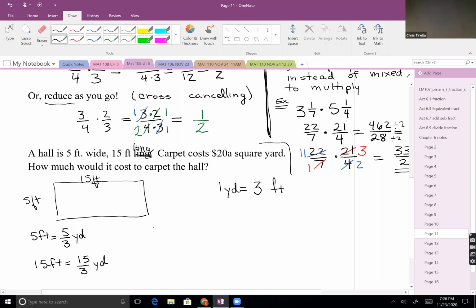And so that area, 5 feet by 15 feet, would be 5/3 of a yard times 15/3 of a yard. And is there anybody else that would want to take that 15/3 and reduce it? How would 15 over 3 reduce?